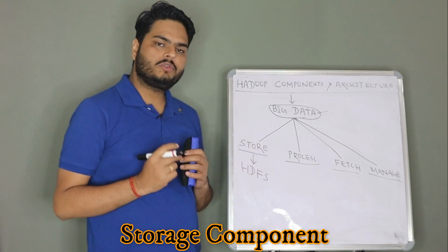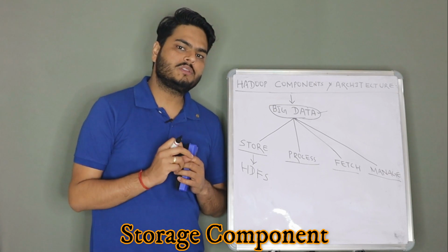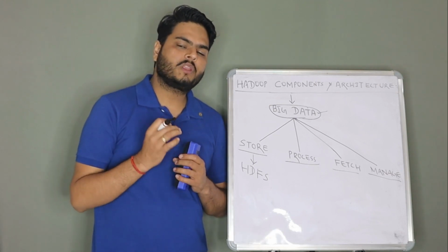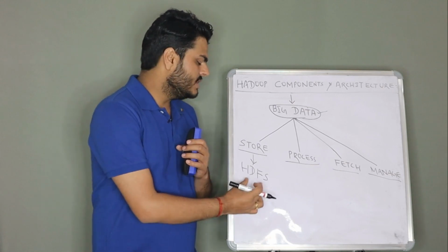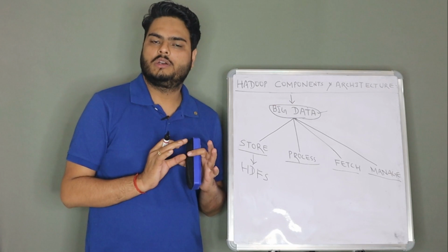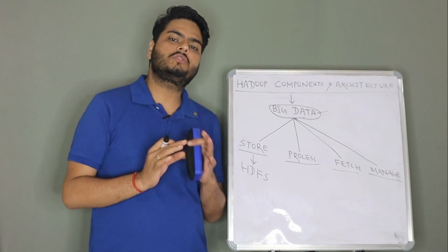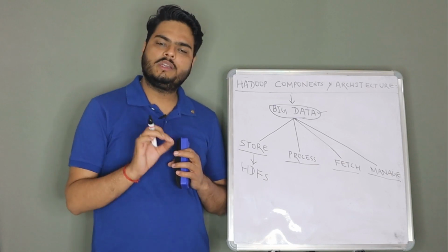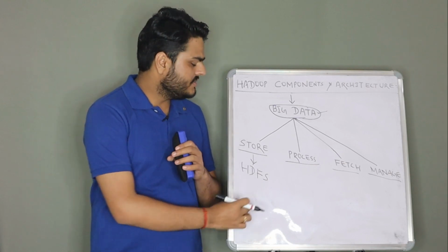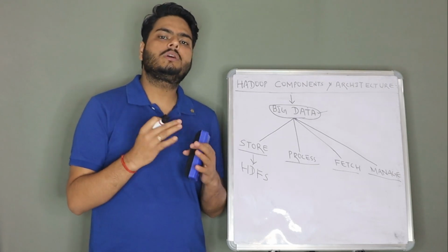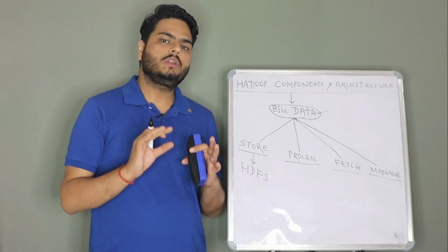HDFS is nothing but Hadoop Distributed File System. It is the storage part of the Hadoop framework, which means how the file system of Hadoop works. We will talk in more detail. For now I am writing just the components. HDFS means the component which talks about how files are stored in Hadoop.